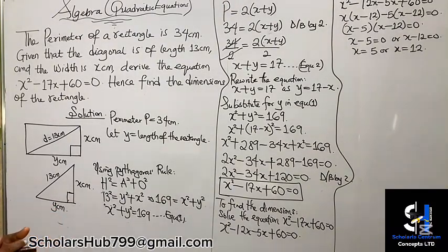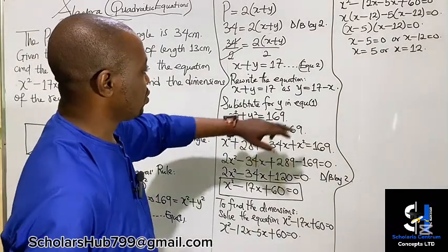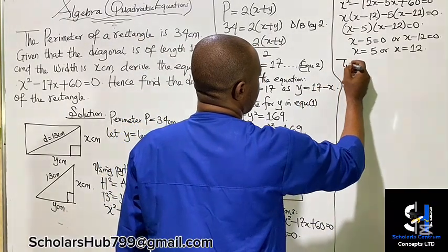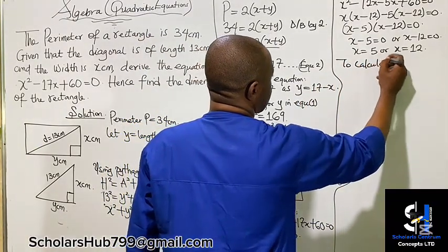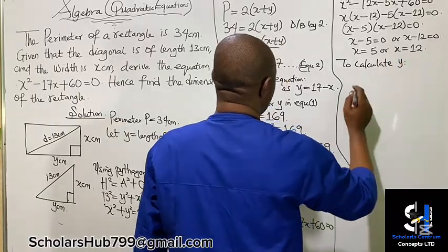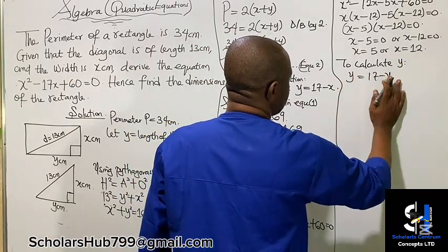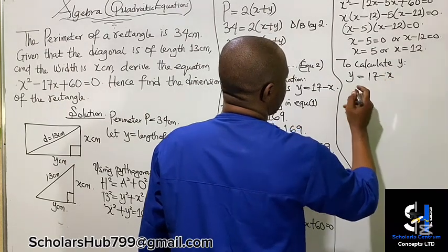Now, to calculate the value of y, because y is the length of the rectangle, we have y equals 17 minus x.